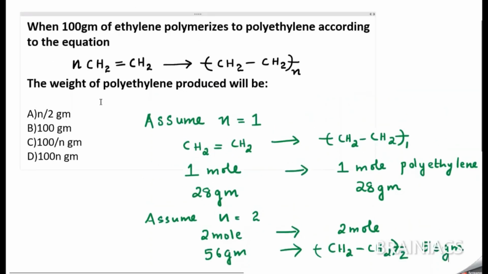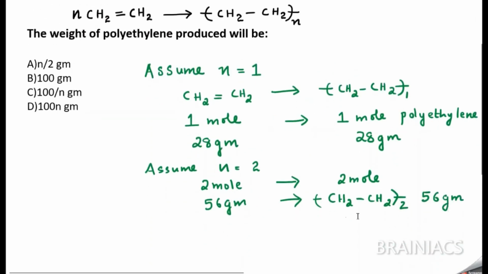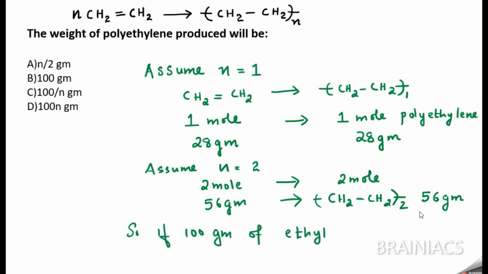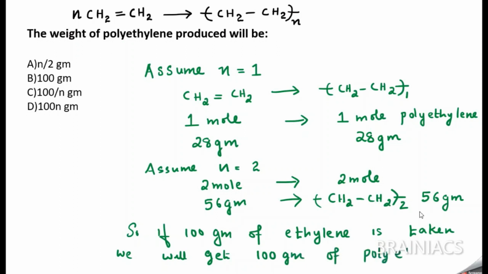So tell me, if you are taking 100 gram of ethylene, then what will be the final mass of the polyethylene you are getting? So if 100 gram of ethylene is taken, we will get 100 gram of polyethylene.